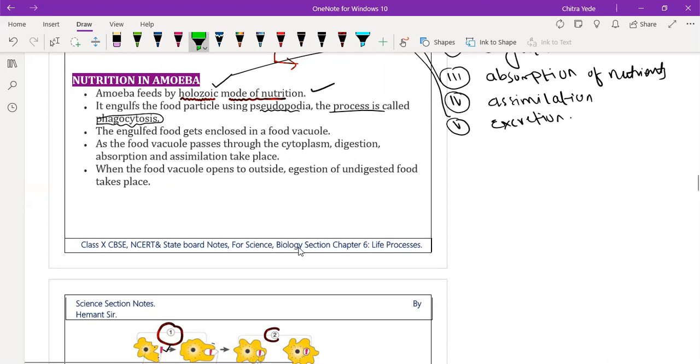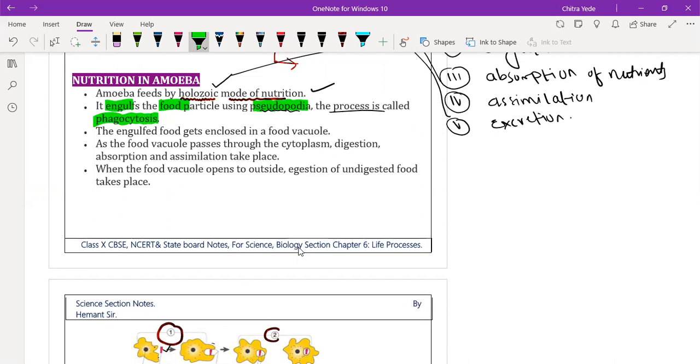Let me highlight this. Phagocytosis means the engulfing of food with the help of pseudopodia. Engulf means to take in food particles using pseudopodia. This process is called as what? Phagocytosis. Okay, beta?